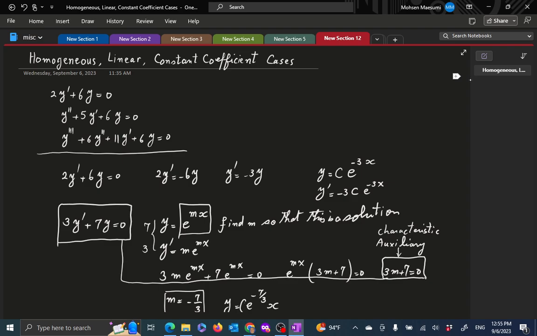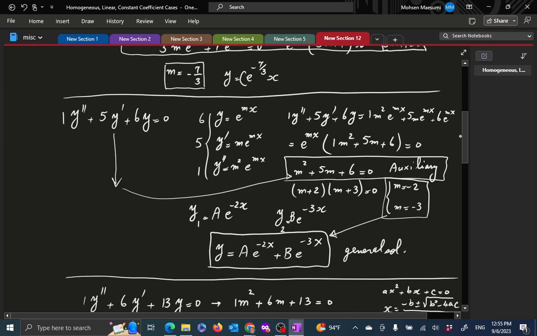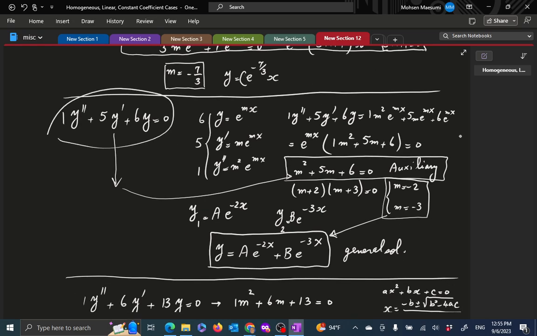Okay, then we said if you have a second order equation, the easy case is that you have two real roots. Not only are they real, but they're also different from each other, distinct real roots.